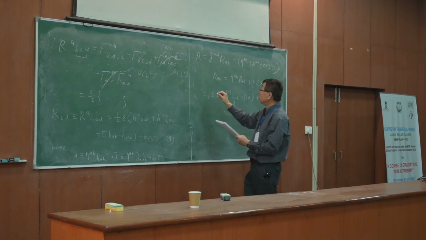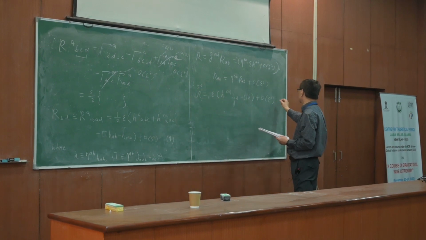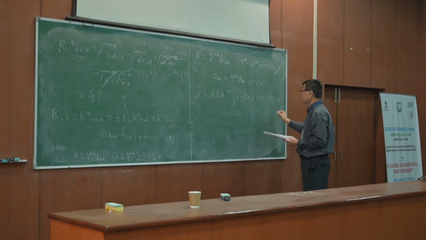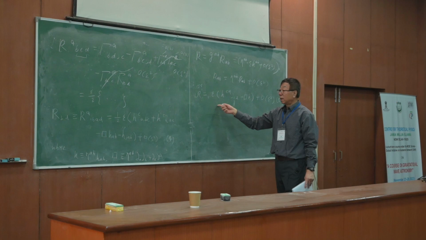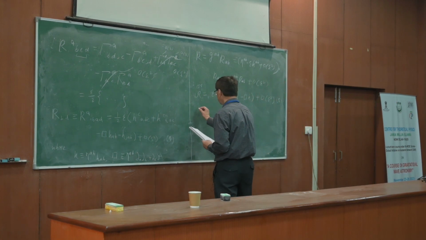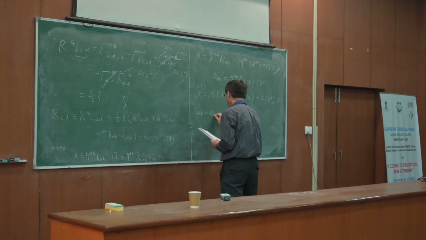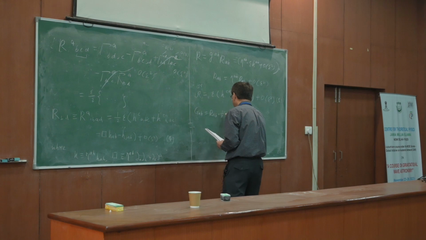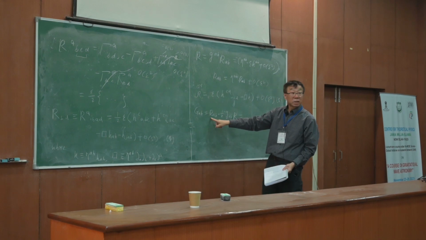So all I have here is R equals this one. I have R_AB, which you can get instantaneously, right? So this is very simple. G_AB equals R_AB minus 1/2 g_AB R. This is the first order, right?